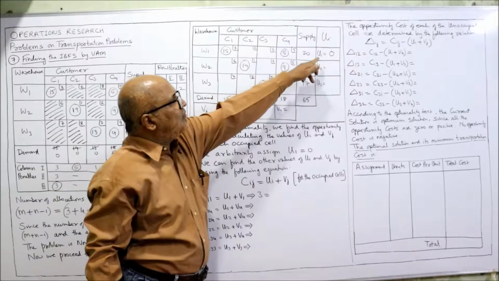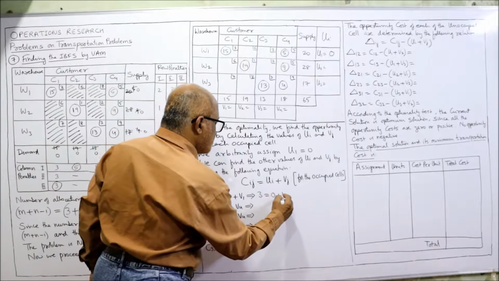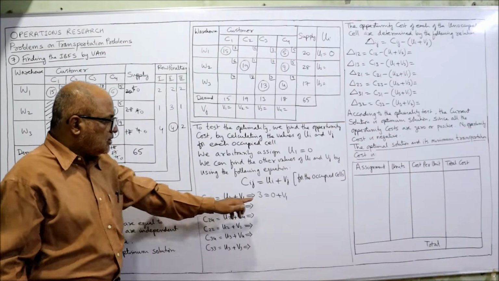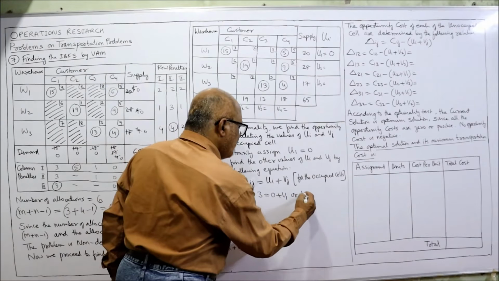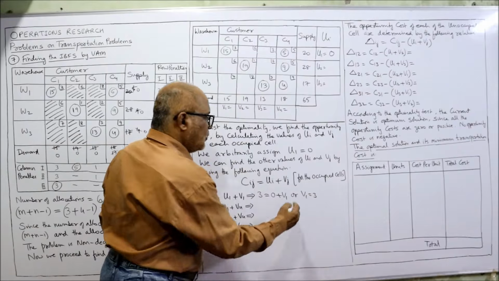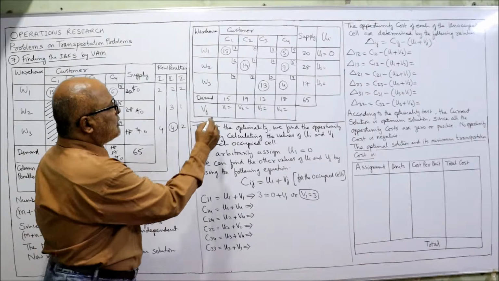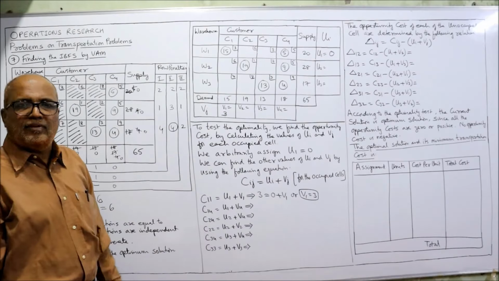How much is U1 we have supposed? 0. So 3 is equal to 0 plus V1, or V1 is equal to 3. We got one value, V1 is equal to 3. So I am writing down 3 here.